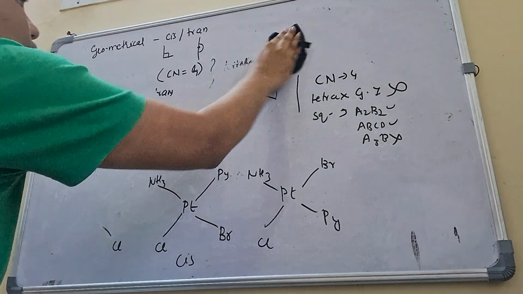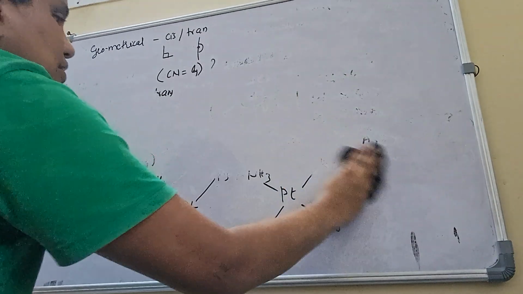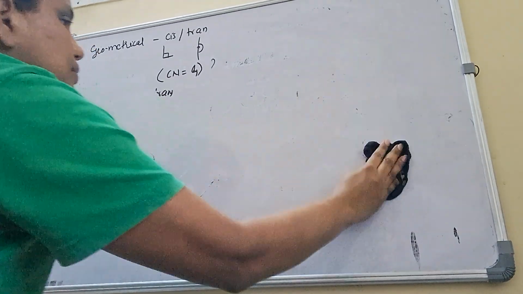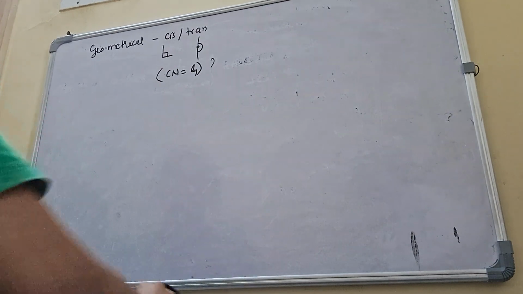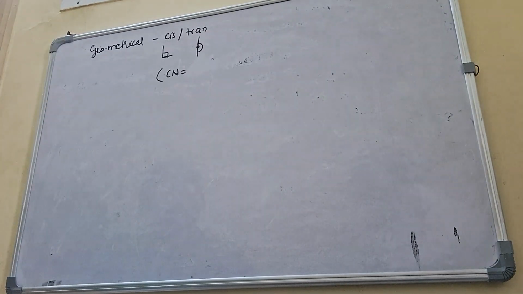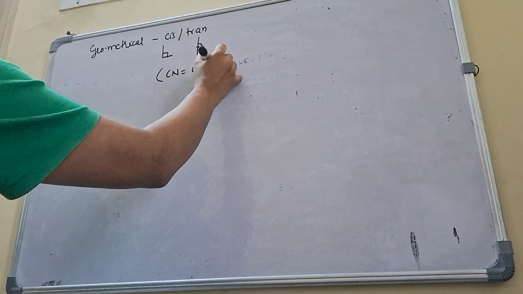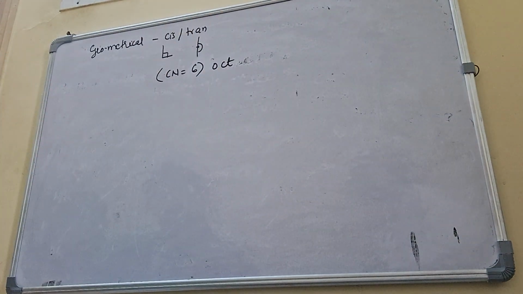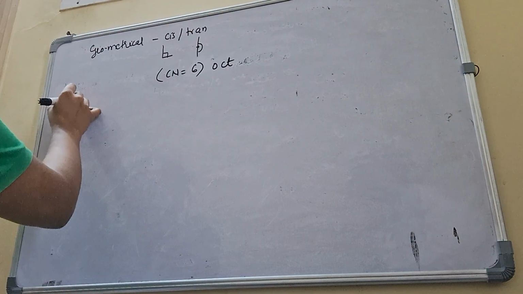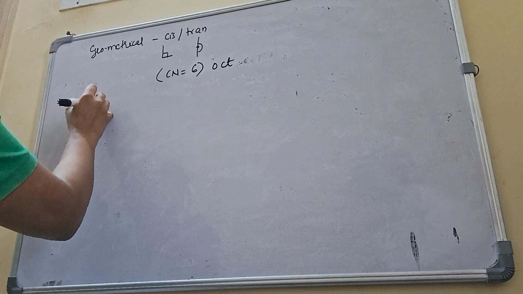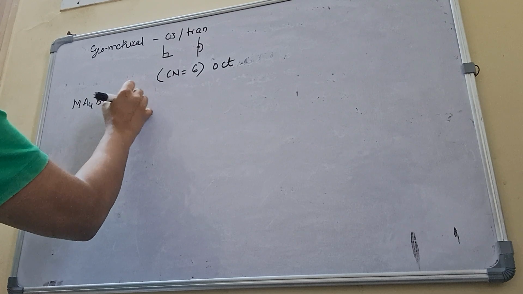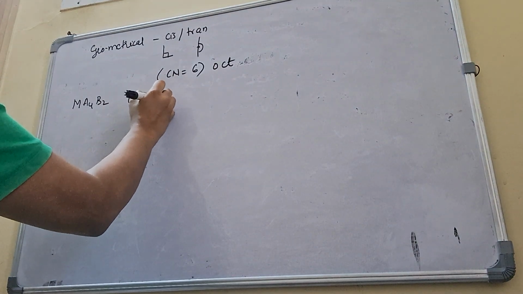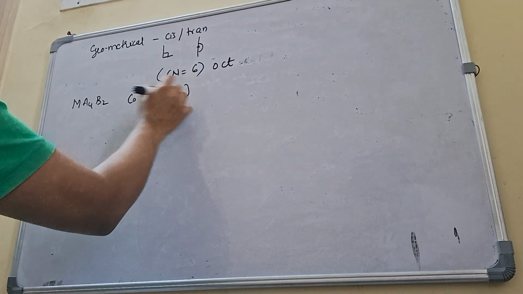Now that is about coordination number 4. What happens if the coordination number is 6? Let's talk about that. Okay, so coordination number is 6, that is octahedral. Now octahedral, if you have A4B2, like in the case of [Co(NH3)4Cl2]+.